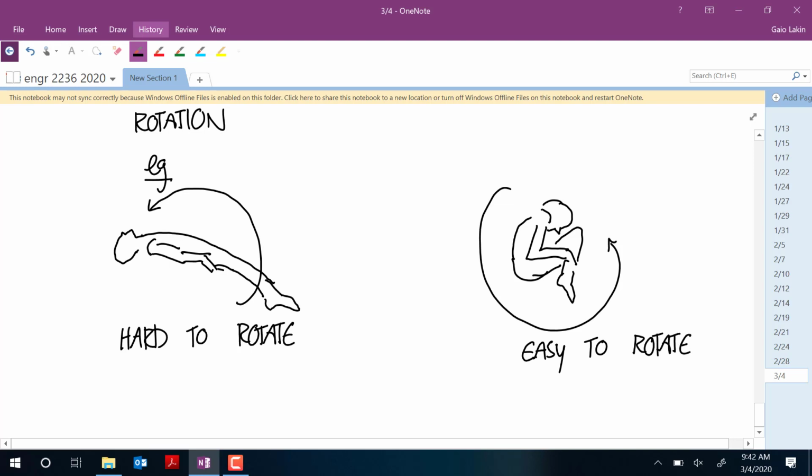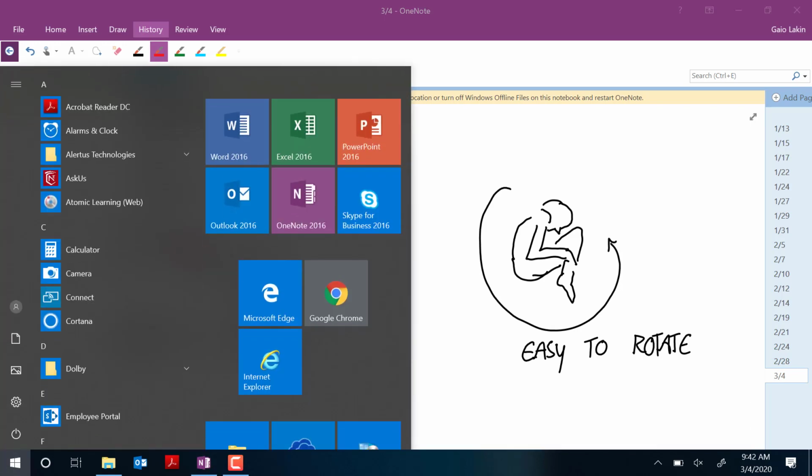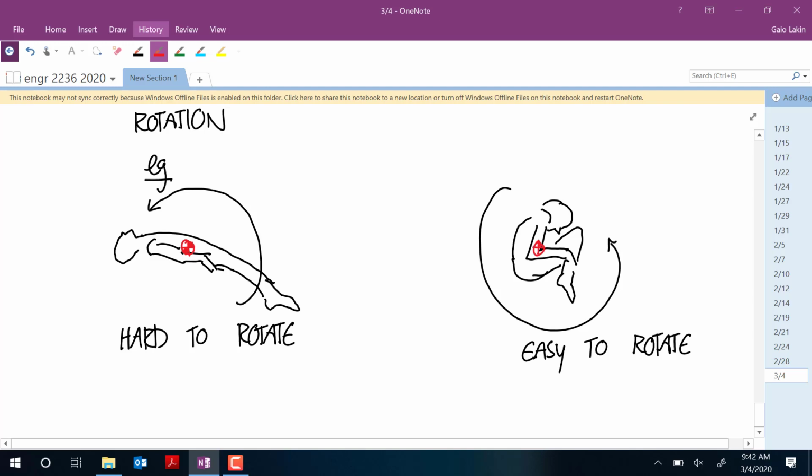And the reason is, so do either of these have fixed points? No. So you have to think about this then as the axis of rotation being their centers of mass, which is like here and here. Well, that's pretty close to where it is, but the center of mass is somewhere in your torso.